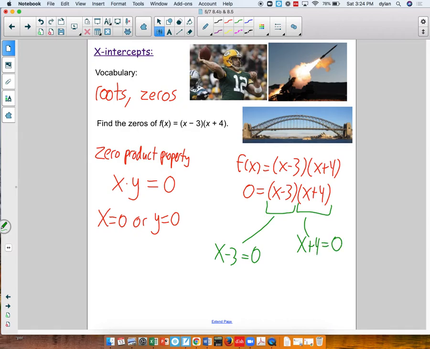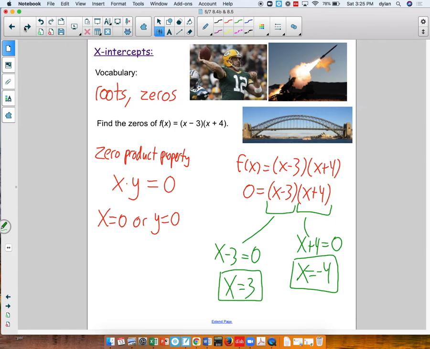So in this case, I have x minus 3 equals 0, and x plus 4 equals 0. So I know that x equals 3, and x equals negative 4. Those are the two x-intercepts of that quadratic function, or you could think of them as the two zeros, the two places where I can plug in an x value and get 0 for y.